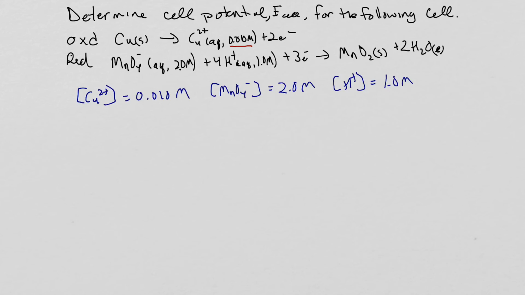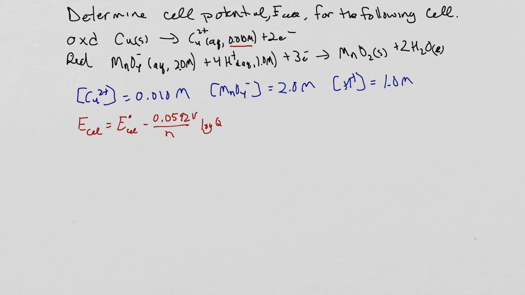And so remember that is E cell equals E standard cell minus 0.0592 volts over N log of Q. Now, a couple things that we have to think about.